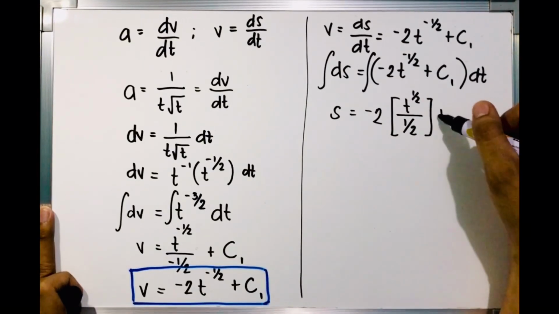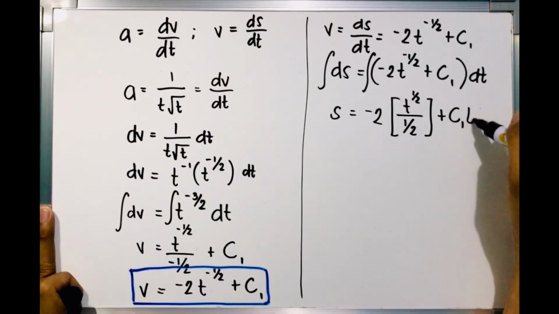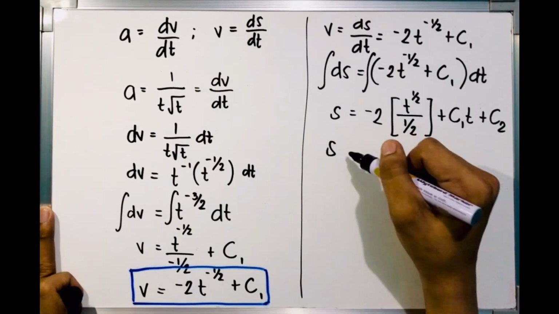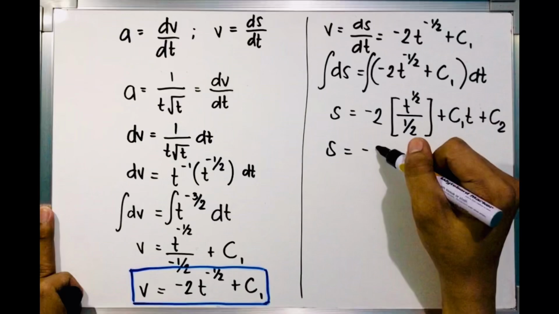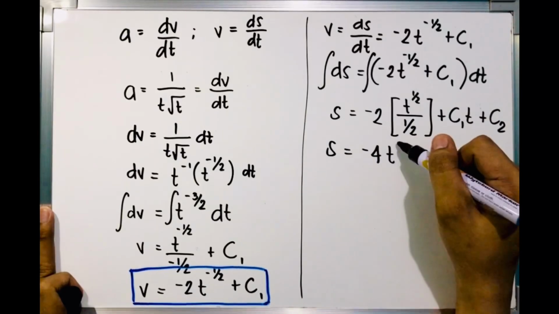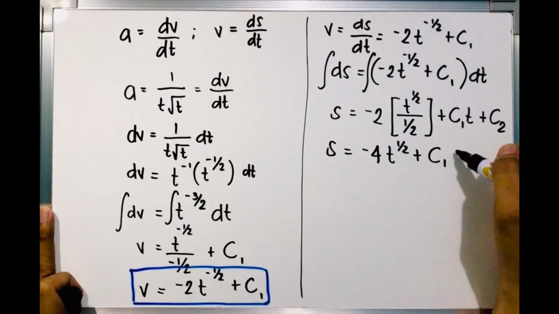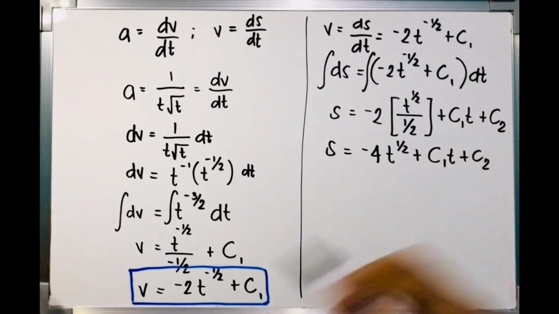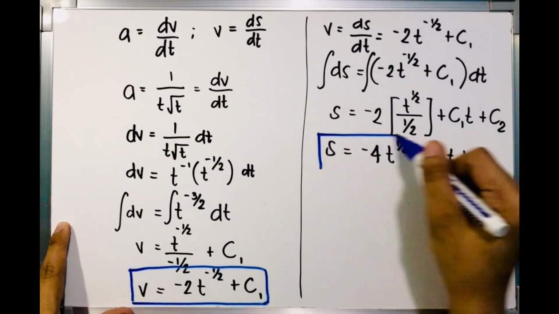And then plus c1 dt, the integral of dt is t, at mag-generate siya ng c2. Okay? And my displacement function would be negative 4t to the 1/2 plus c1t, okay, plus c2. So I already got two equations in here.